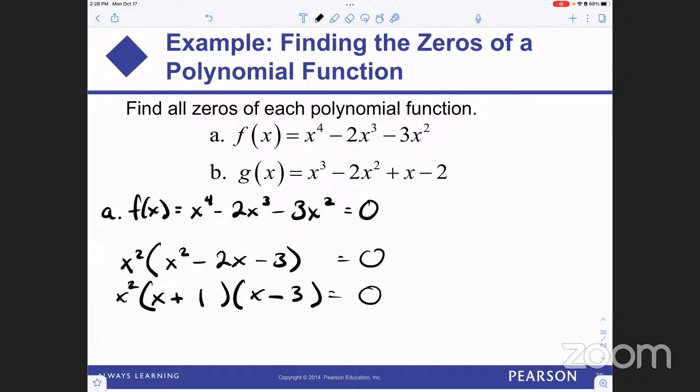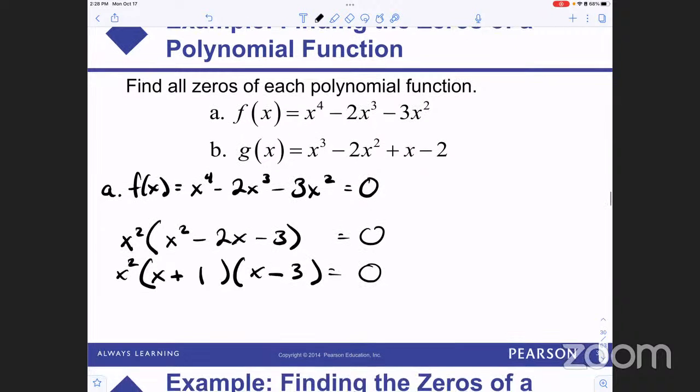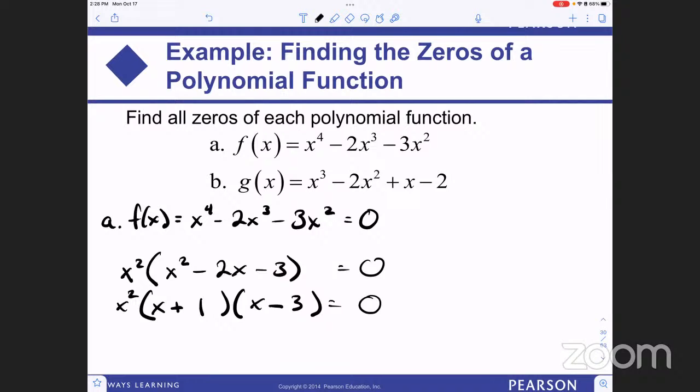So from here, we can use the zero factor property. When you have 2 or more things that multiply to give you 0, you basically set each thing to 0 and solve. If we do that, we'll get x equals 0, or x equals -1, or x equals 3.